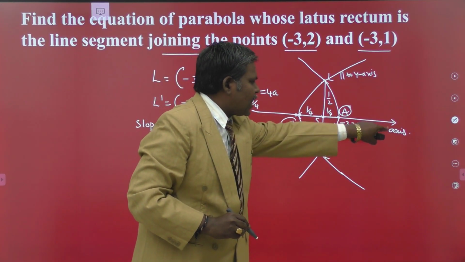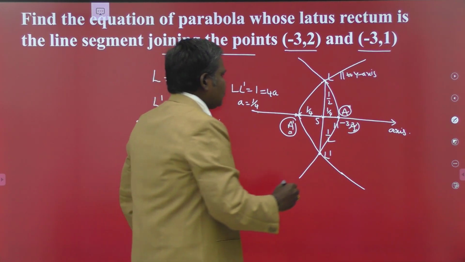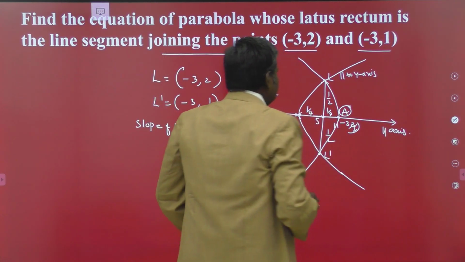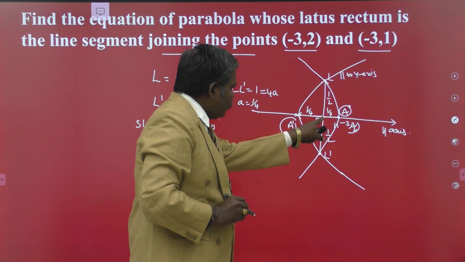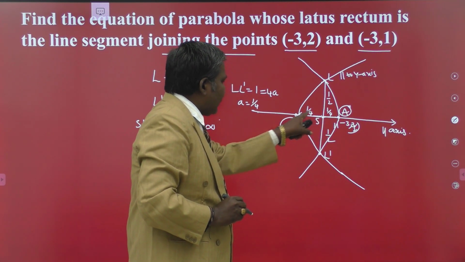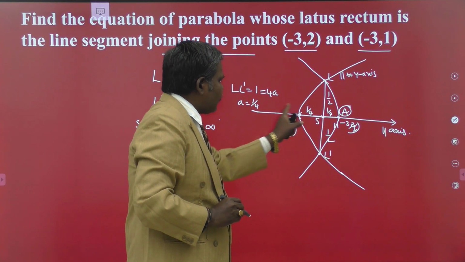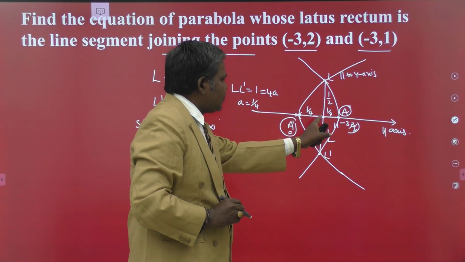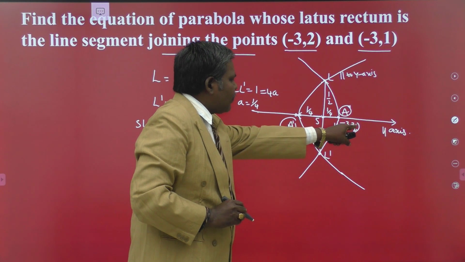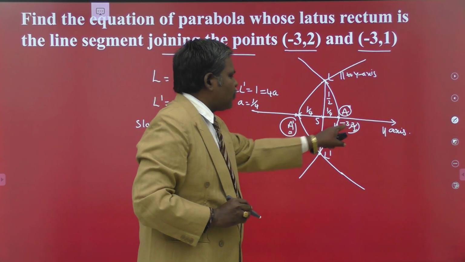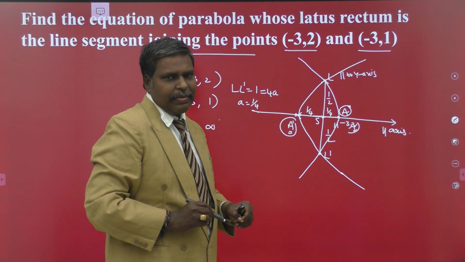Since this line is parallel to the x-axis, you have to choose the points A and A dash. This is A and this is A dash, by subtracting 1 by 4 from the x coordinate of S, as well as adding 1 by 4 to the x coordinate of this point. That is minus 3 comma 3 by 2, same.